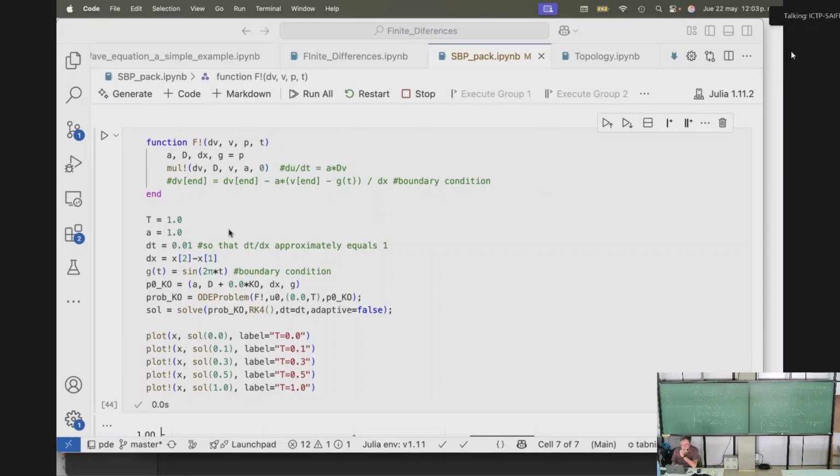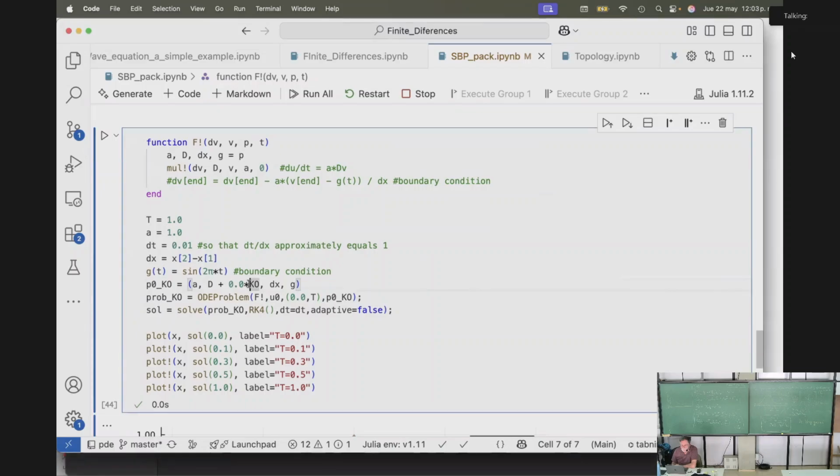T is okay, A is okay, dt is okay. This function we are not using. I think the only change I made was taking this here.